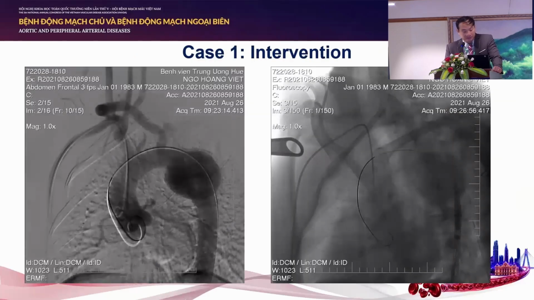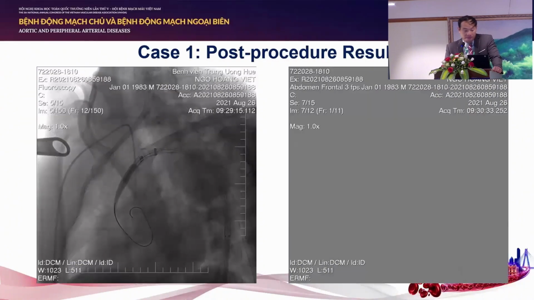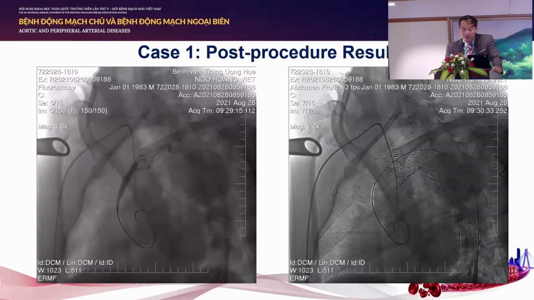We can see it in the angiogram. We put in only one stent graft to cover the aneurysm, sized 32 to 28, and we can cover it rapidly.